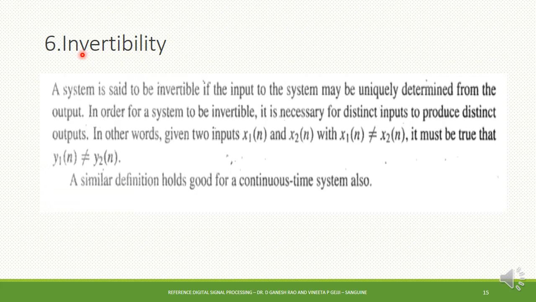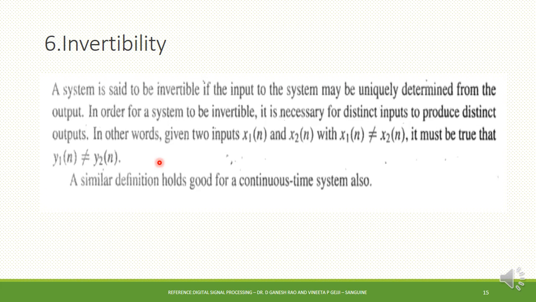Invert means reverse. In DSP, when we say that a system is invertible, it means we apply different inputs to produce different outputs. In some systems we need this type of output. That is actually called invertibility.